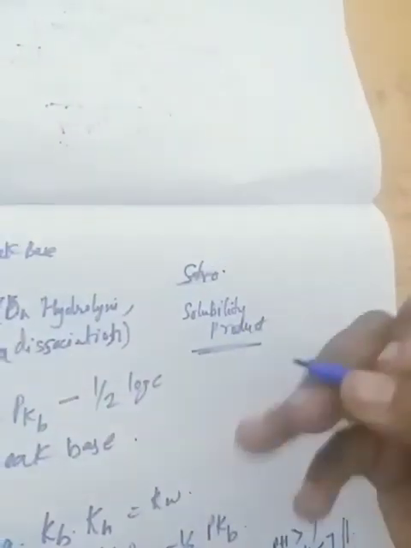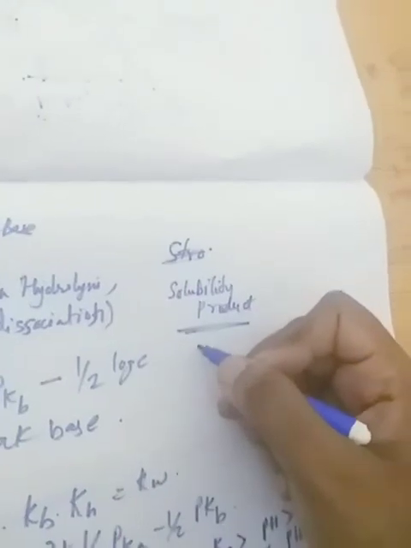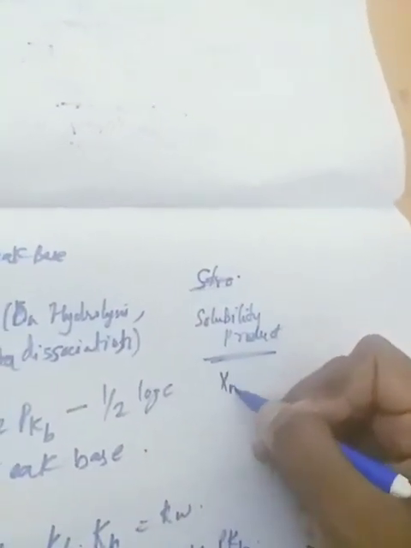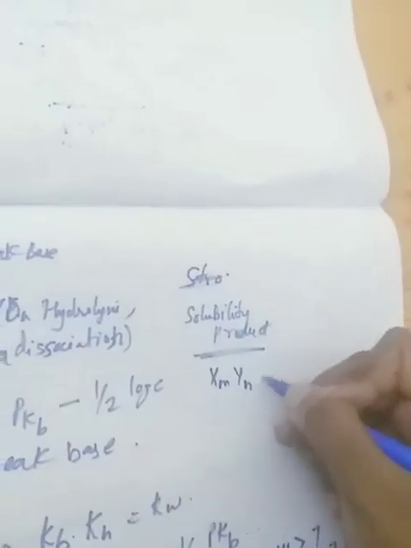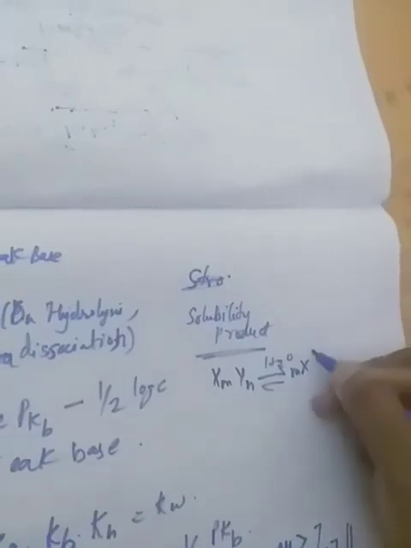That extent of solubility is called the solubility product. For example, I am considering this XmYn equation. If it gets dissociated, I will get the products mX n plus and nY m minus.